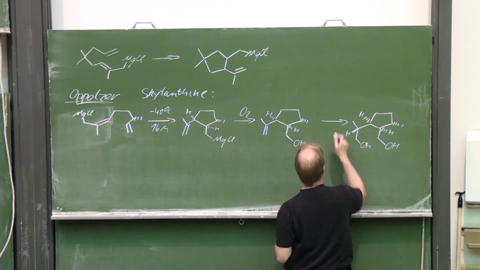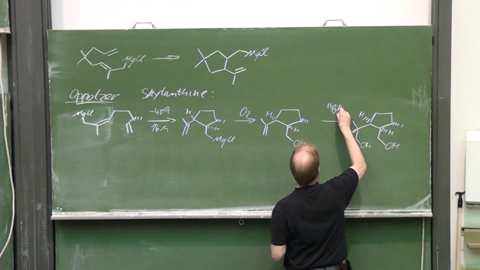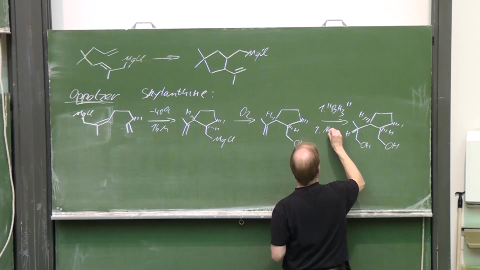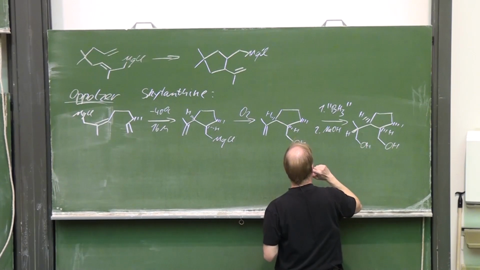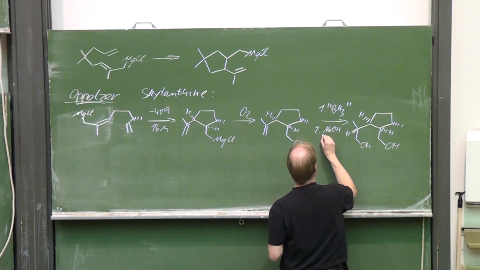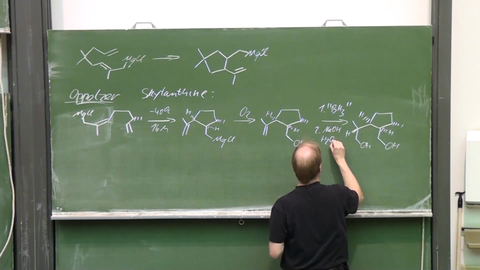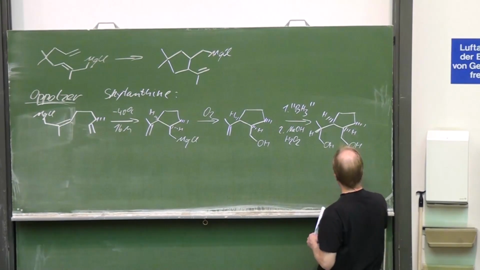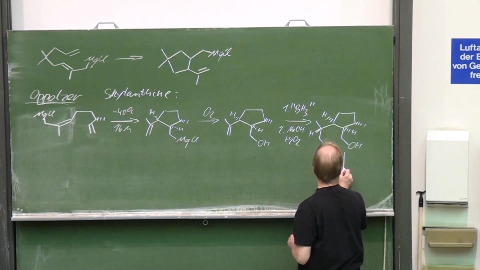So, BH3, and then secondly, sodium hydroxide, basic conditions with hydrogen peroxide.